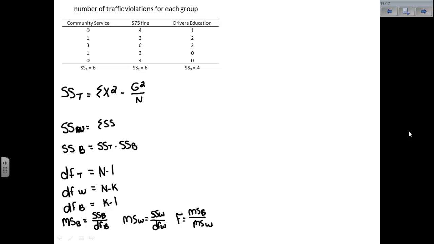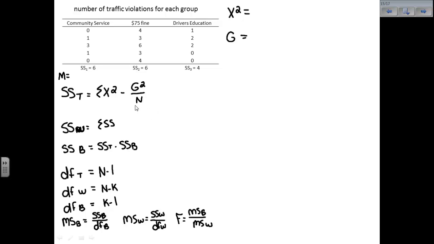Okay, so I'm looking at these formulas. I need to find the sum of x squared. I don't know what that is yet. I'm going to go ahead and find my means for each group as well, just to have a preconceived notion of what I expect, and then I'll have those if I need them for my post hoc analysis. And then I'm going to need G. I see that here.